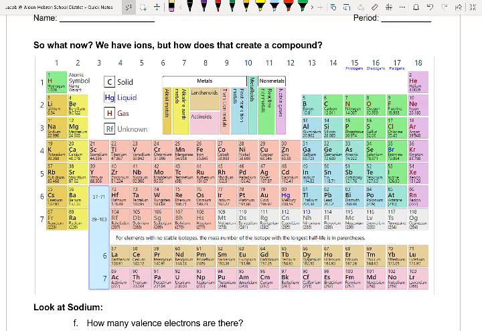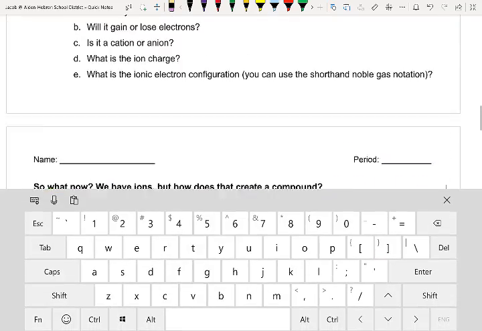For valence electrons, you can look at the number at the top here, and that corresponds with how many valence electrons there are in that column. So for the very first one, you're looking at chlorine, which is going to be down here, which means that you would have 7 valence electrons there, okay? So that's the very first thing that we can look at.